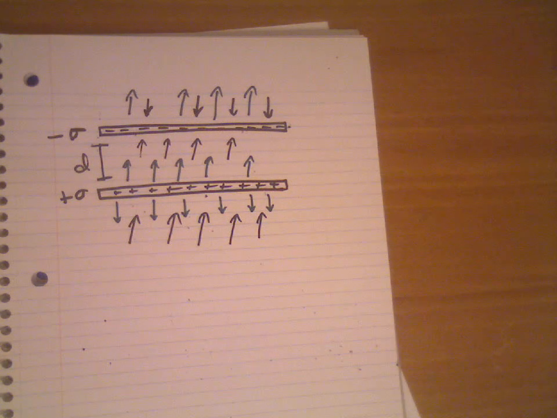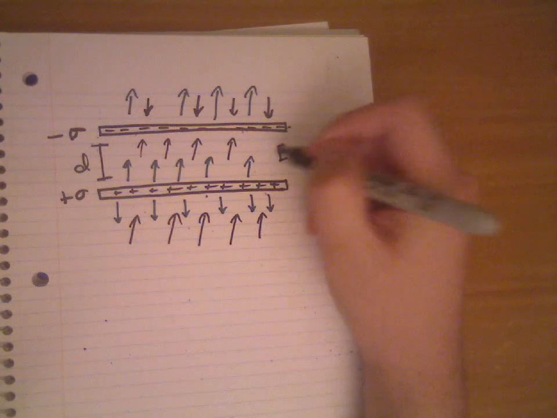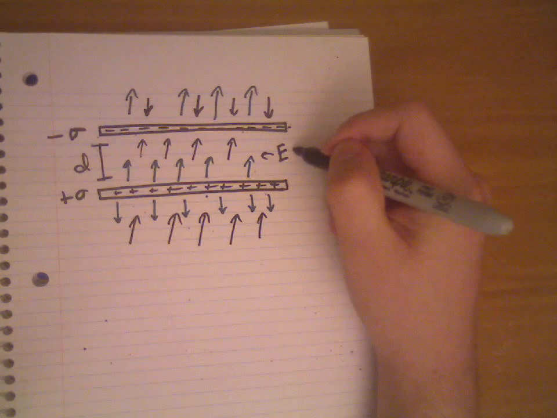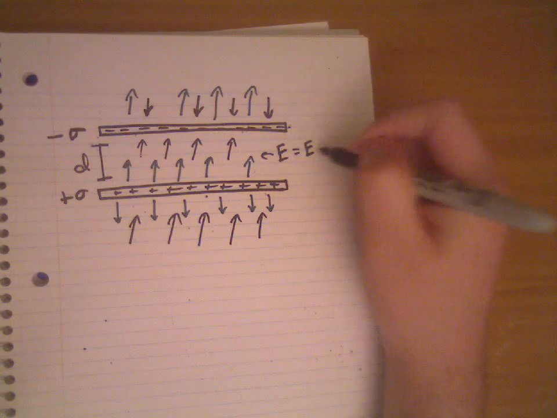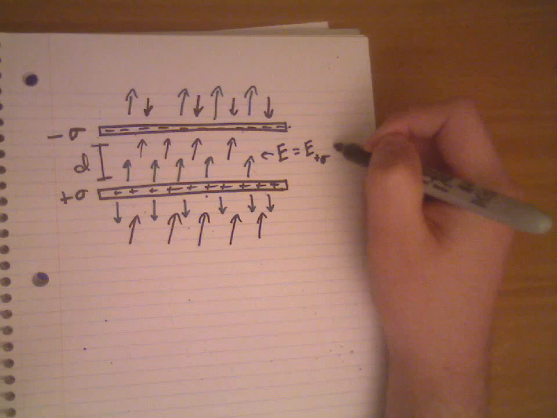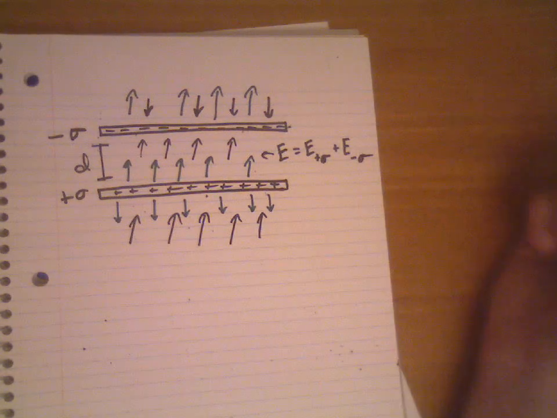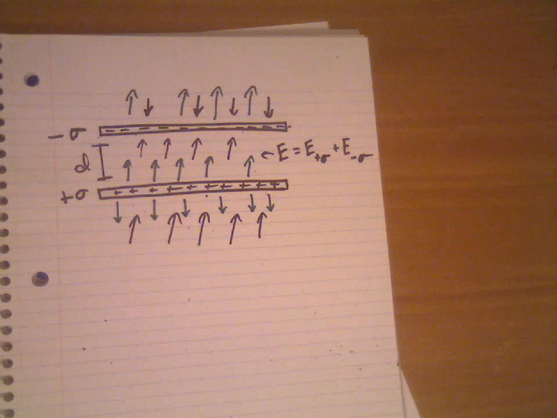So in the end, what we really care about is the electric field that's on the inside here. And that's going to be given by the electric field of the positive charge and the electric field of the negative charge. So you may be asking, well, doesn't distance have something to do with it?